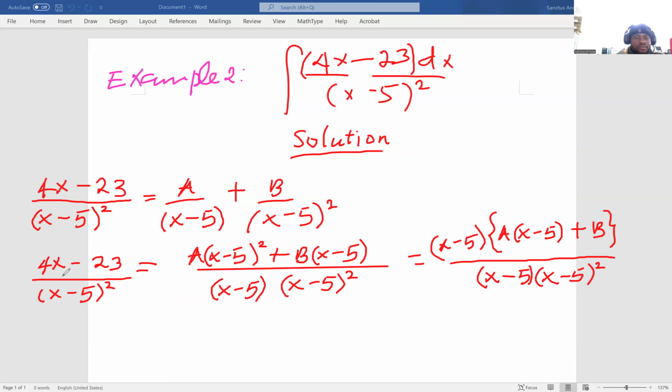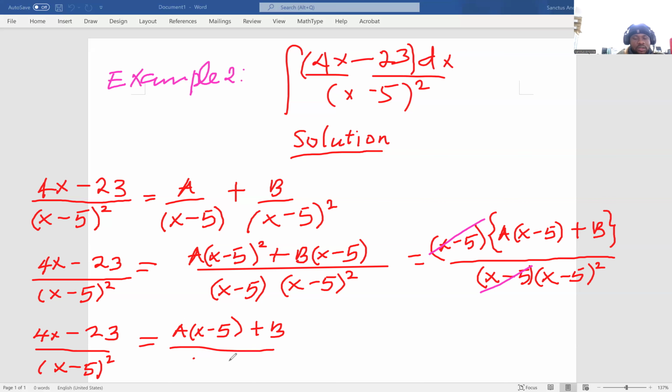So at the end of the day, we have that 4x minus 23 over x minus 5 to the power 2 will be equal to A bracket x minus 5 plus B, all over x minus 5 to the power 2.